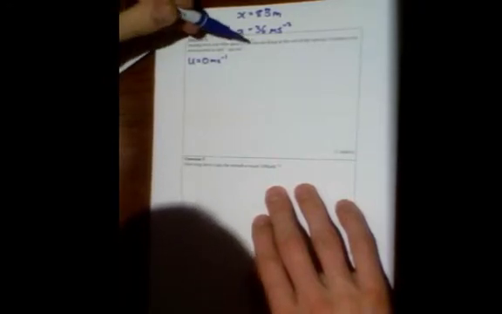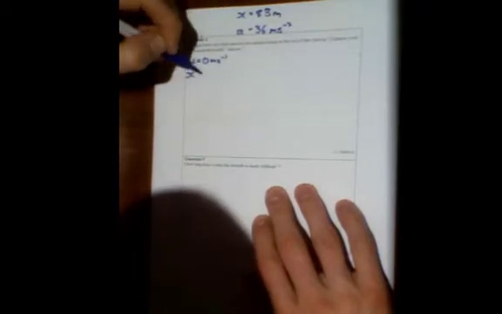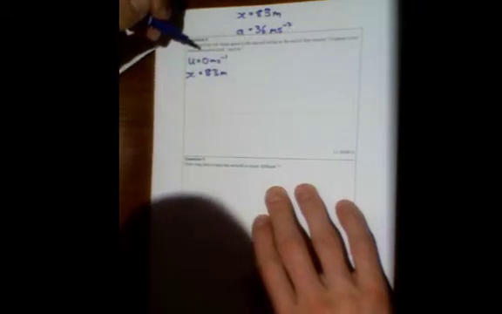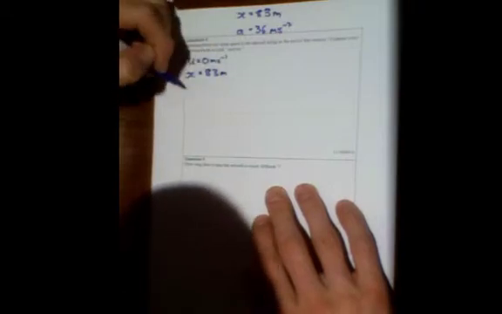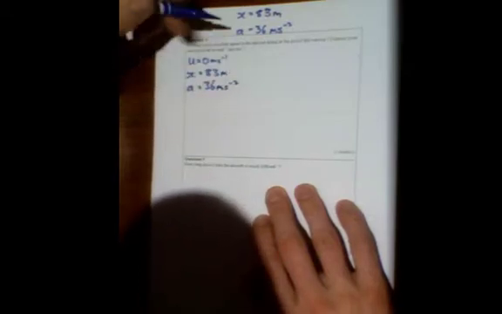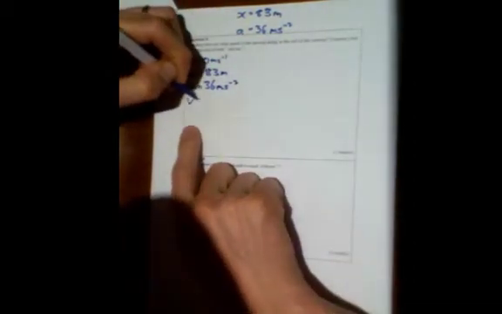Starting from rest, what speed is the aircraft doing at the end of the runway? Well, that means at the end of the runway it will have travelled 83 metres. We know the acceleration is 36 metres per second squared. So we want to find the final velocity. So there you go.